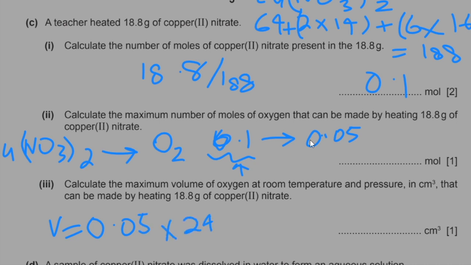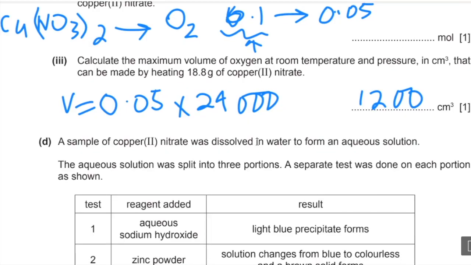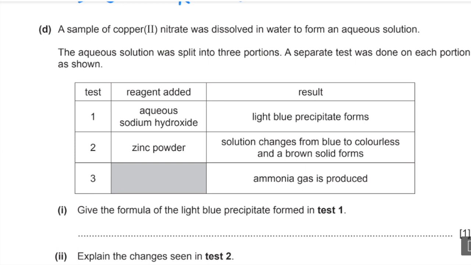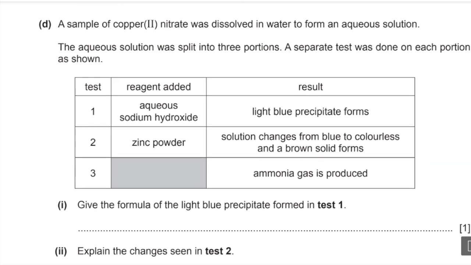But now here I'll multiply this with 24,000, since we need volume in centimeter cube and not in dm cube. So the volume of oxygen is 1200 centimeters cube.